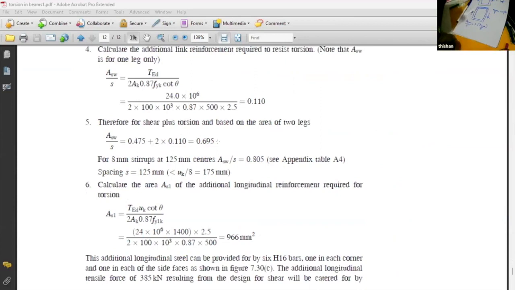Let's say we are providing 8 millimeter stirrups at 125 centers, so ASW is 50. 50 divided by 125, is that right, Bandhuka?